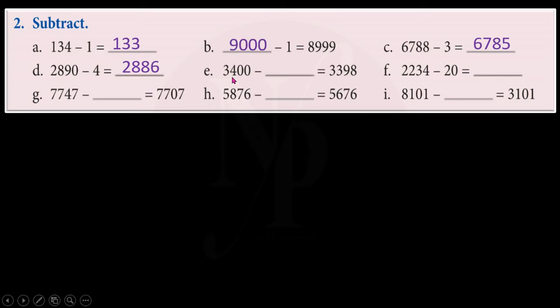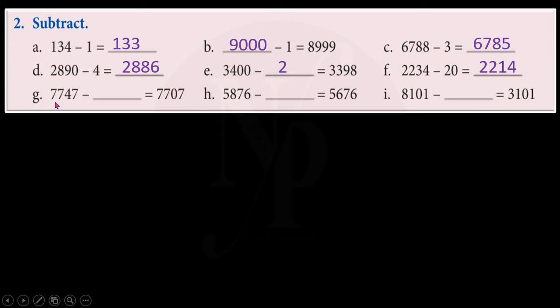E, 3,400 minus a number is equal to 3,398, and the number is 2. If you subtract 2 from 3,400, you will get 3,398. F, 2,234 minus 20 is equal to 2,214.